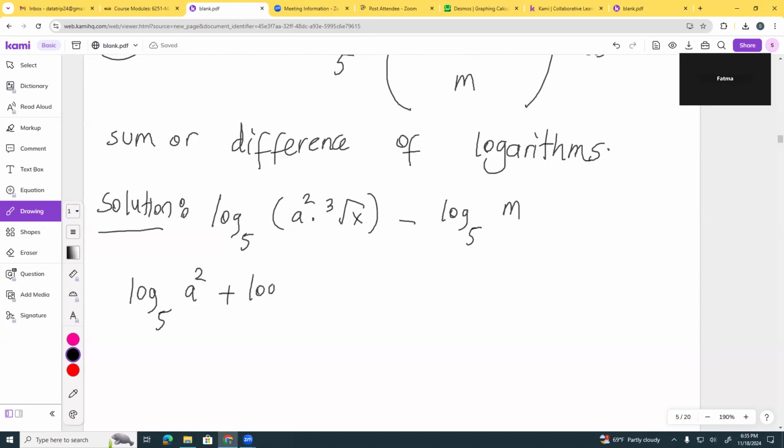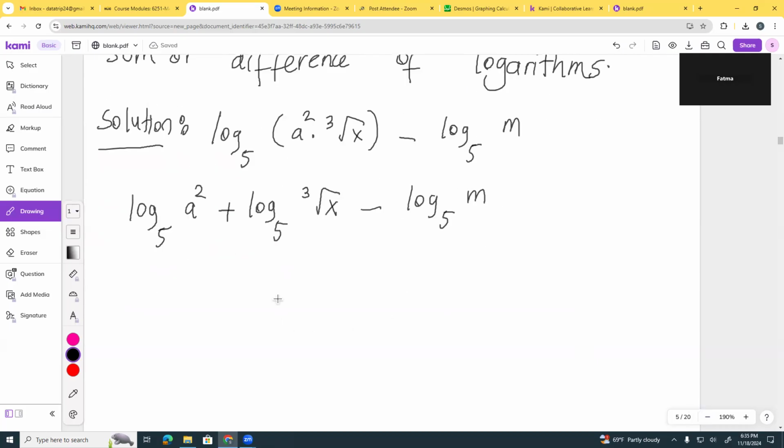I will rewrite the log base 5 again, and then the second thing is what? Cube root of x. Let's just write it as cube root of x for now, right? And I'm going to copy the last one, log base 5 of n. Okay. We have to do a little trick here. Logarithms, they don't like the radicals.